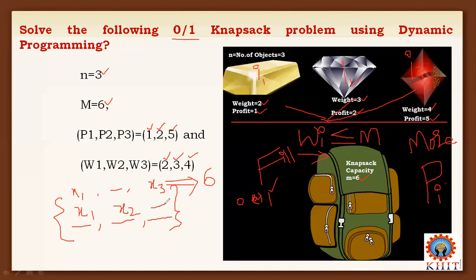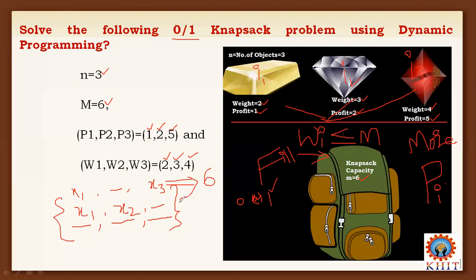What is the total weight? The x1 item is fully taken, weight 2. The x2 item is completely taken, weight 3. The total weight is 5, which is less than or equal to M. The condition is true.